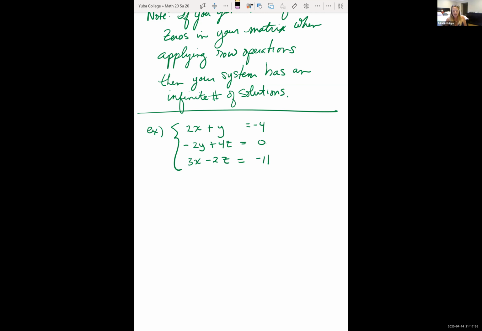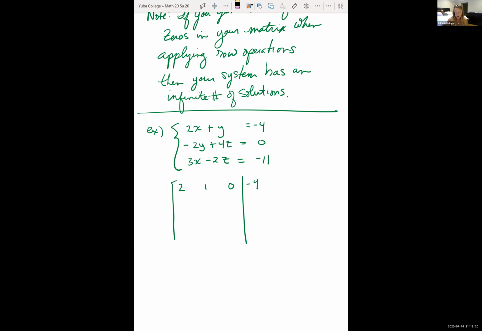Okay, so just be careful when you're setting this up. The coefficients, notice that they're not all lined up where all the x's are in one column, y's and z's. So when you do that, just make sure that you keep it in order. And so our first row is going to be 2, 1. There's no z value, so 0, and then vertical line negative 4.